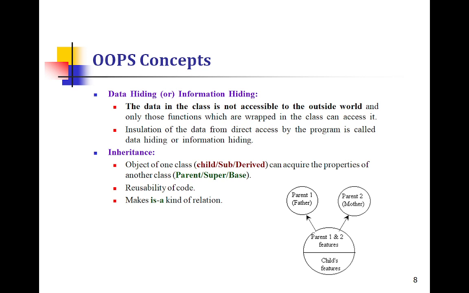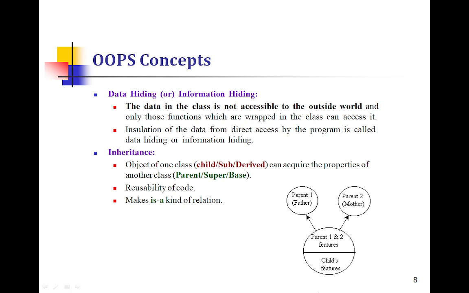Then the next one is inheritance. As you know, it will follow parent node and child node properties, parent and child, or otherwise we can call it main and sub, or derived class. Likewise, the object of one class can acquire the properties of another class.